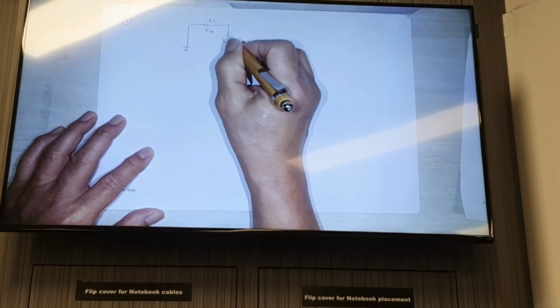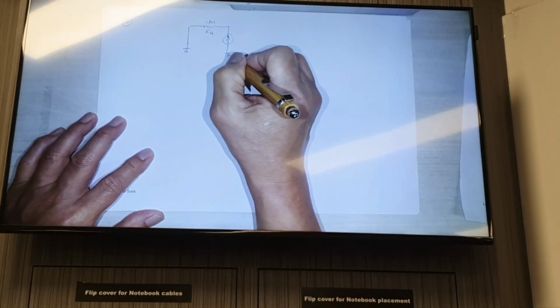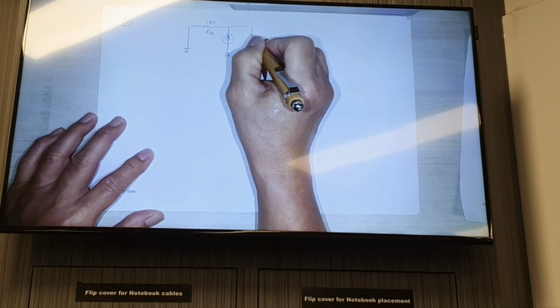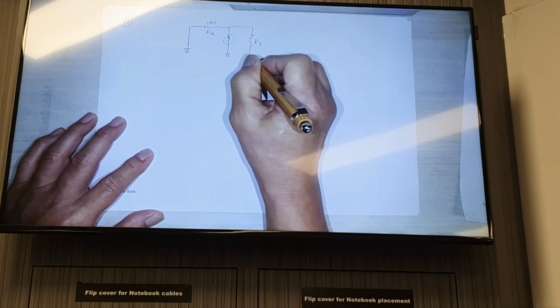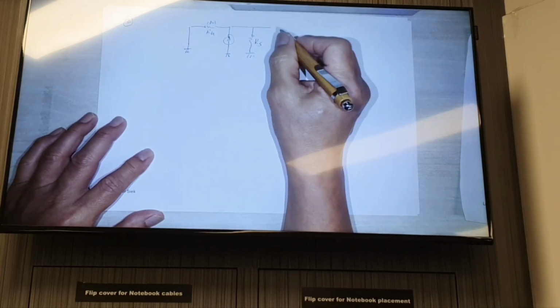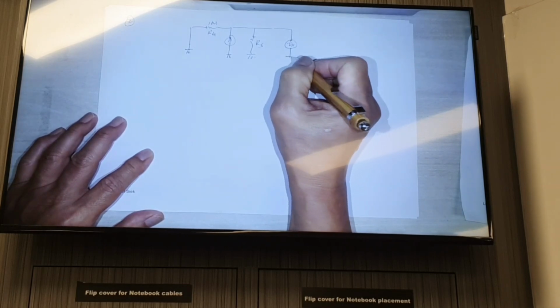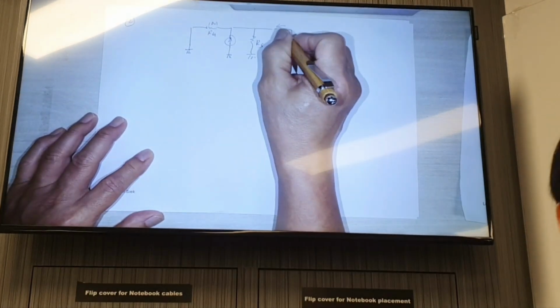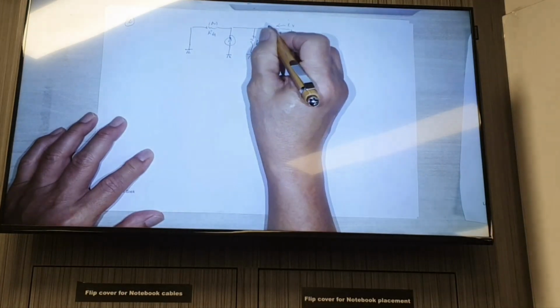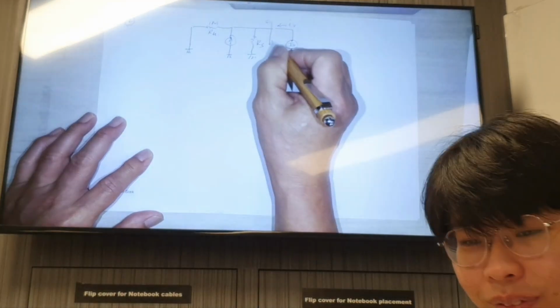Your current source here, VGS, is still here. Your RS is still here. Now you put in a fictitious voltage source, VS, and measure the current going in, IX, to find out your output resistance, R out.